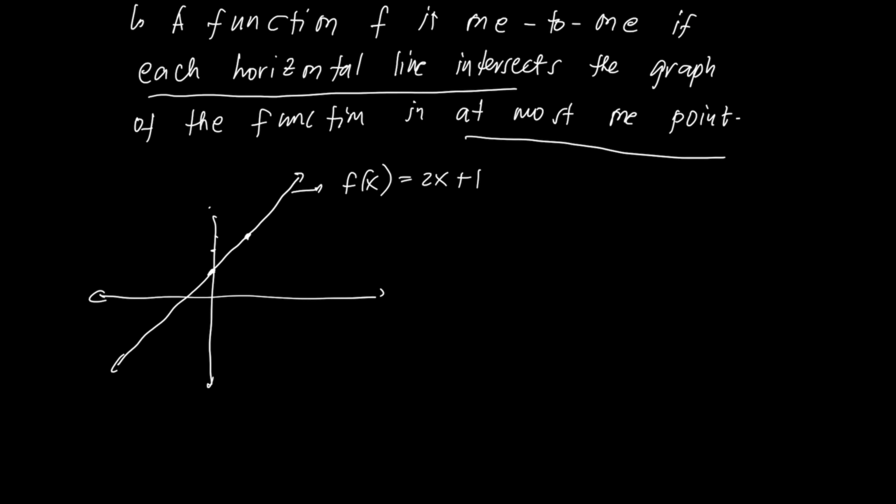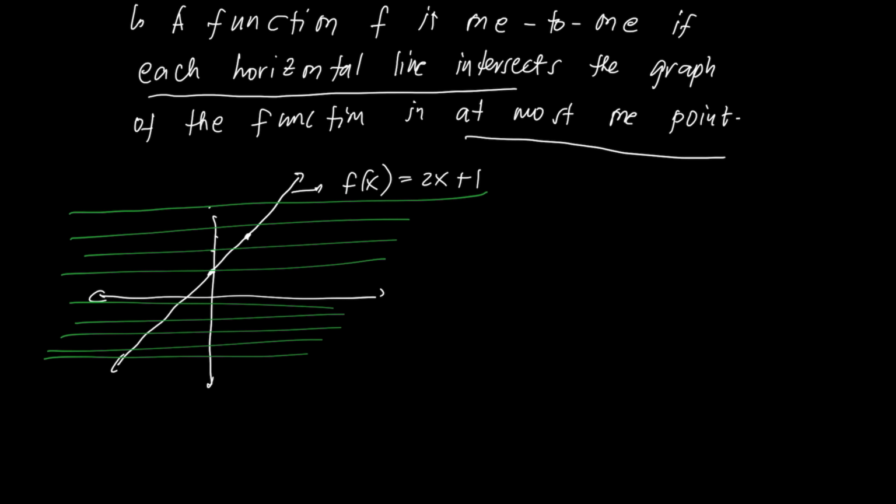Now, if you draw a horizontal line and each line intersects at exactly one point in the graph, then that function, that graph of the function, is 1-to-1. So let's try this one. That line intersects at exactly one point in the graph.